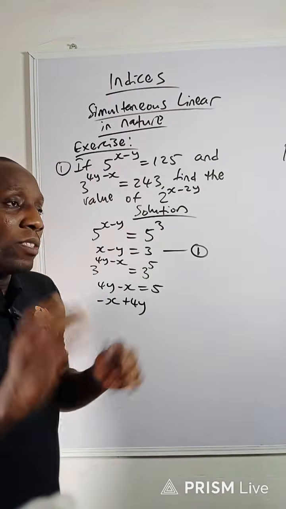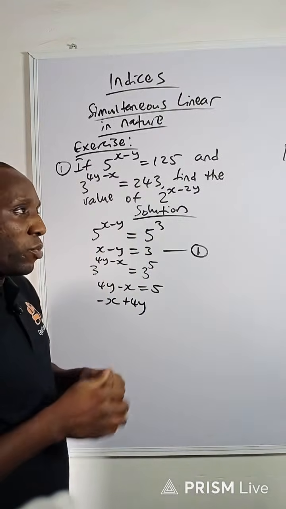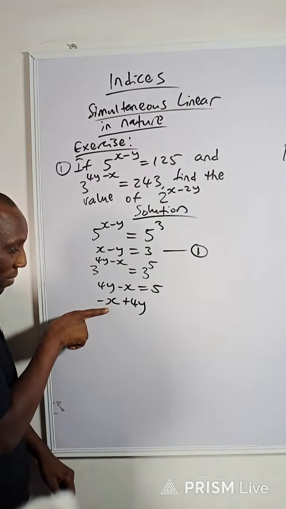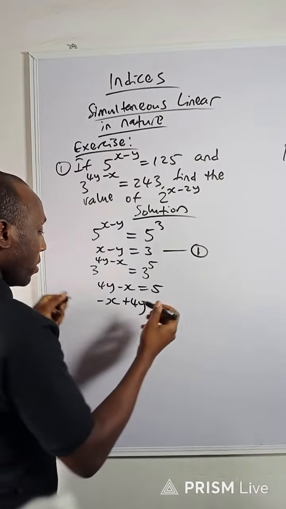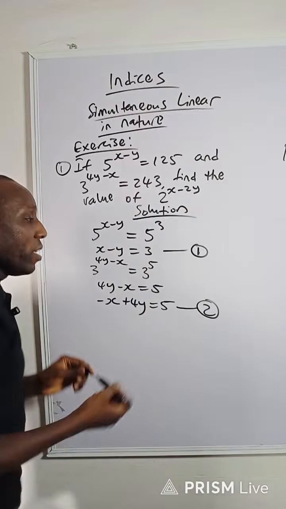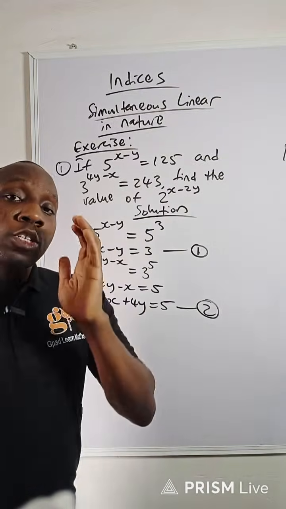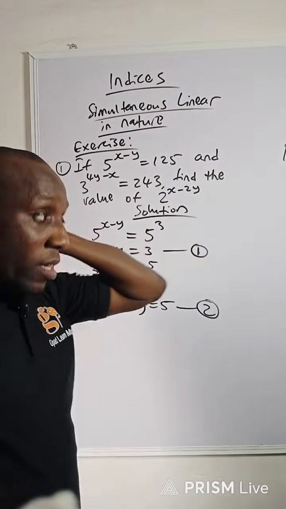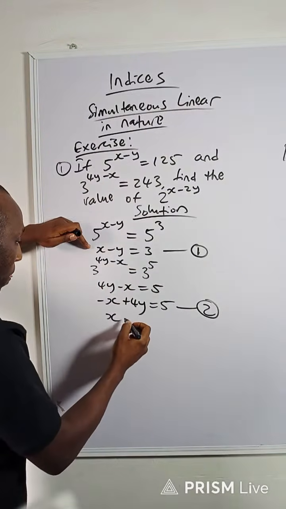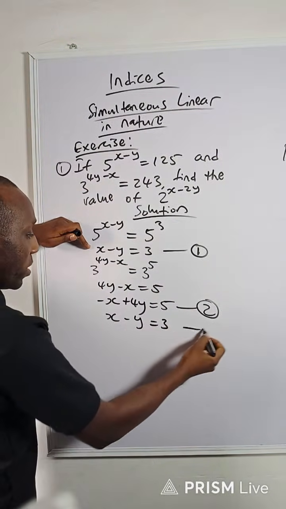I just rearranged it. So minus x is what we have here, plus 4y is what we have here, and this is equal to 5. So this is equation 2. We have 2 linear equations which can be solved simultaneously. You get that? So let's solve this simultaneously. Let's bring equation 1 down here. You have x minus y is equal to 3. This is equation 1.